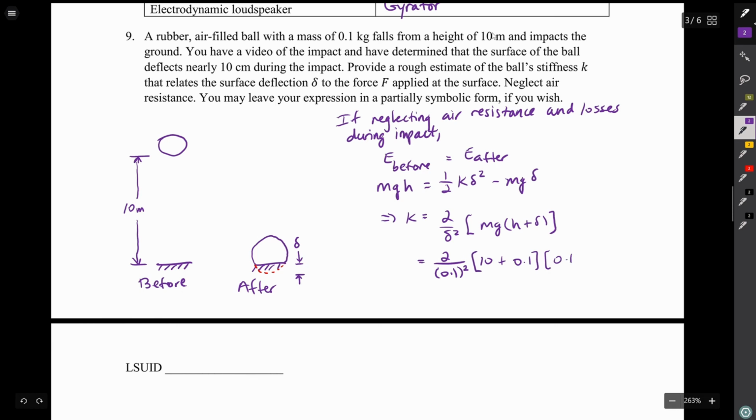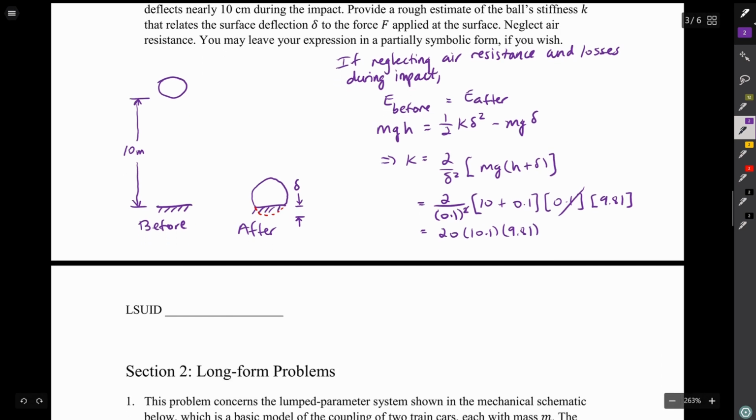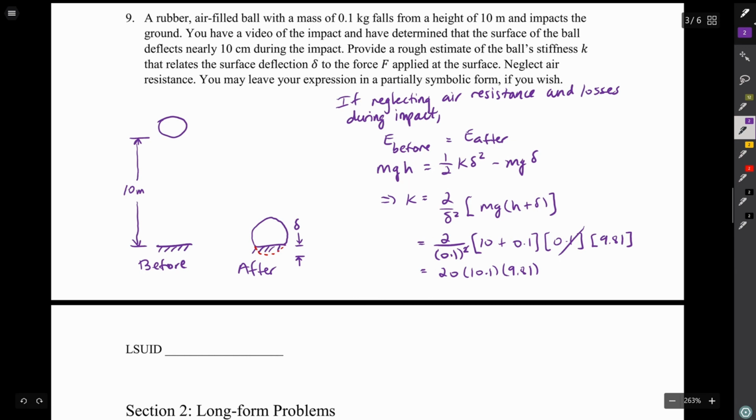We can plug in the values that we were given for these variables. And the arithmetic is not exactly fun, but it's not too bad. We at least get to cancel out 0.1 in the numerator and denominator. Go ahead and do the division of 2 divided by 0.1, which is 2 times 10 is 20, times 10.1 times 9.81.